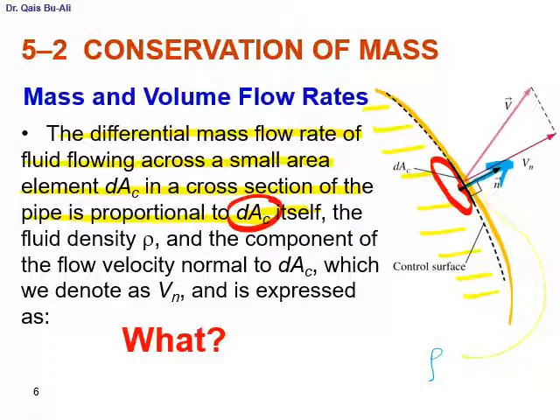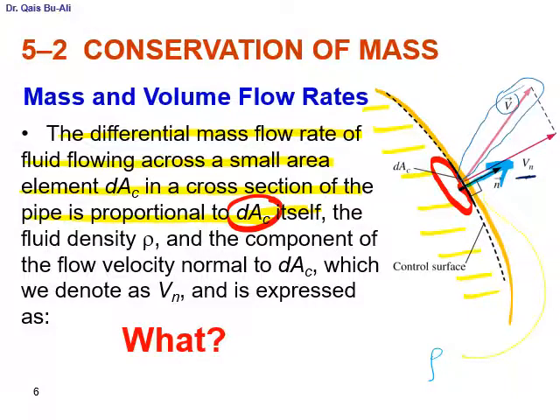And then I have a component of the velocity which is normal to the differential area, and this component is called Vn, the normal component of the velocity. So this is the velocity, v with an arrow, which means this is a vector quantity.